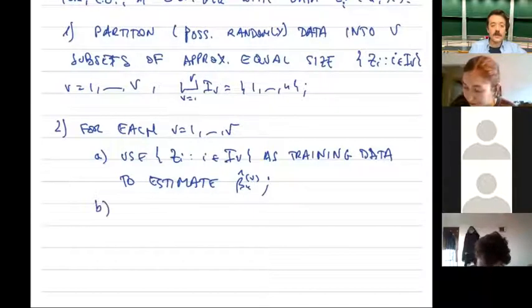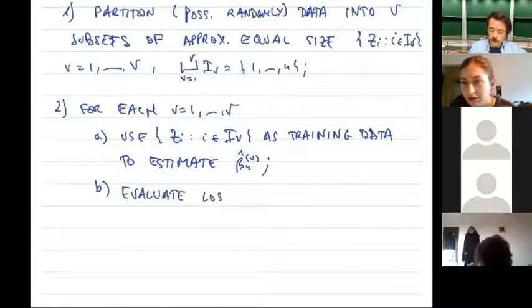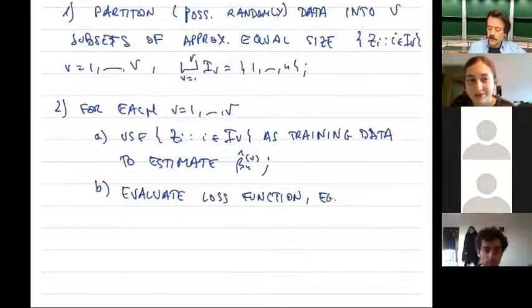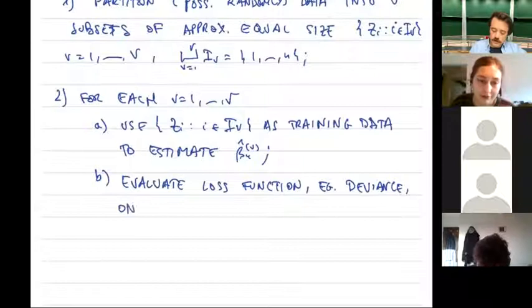Then second, evaluate a loss function, which in the case of a GLM could be, for instance, the deviance, on the remaining data.